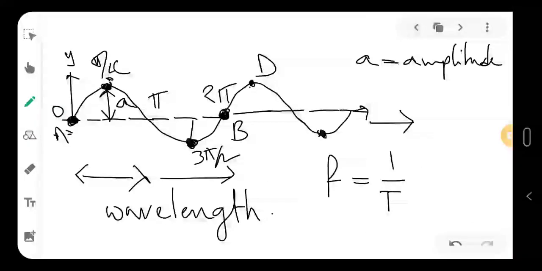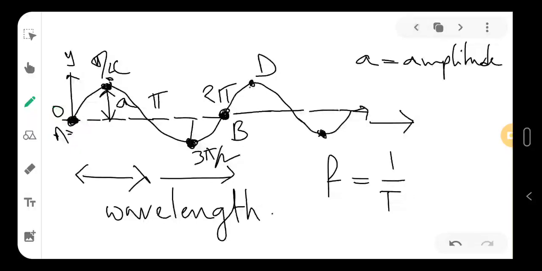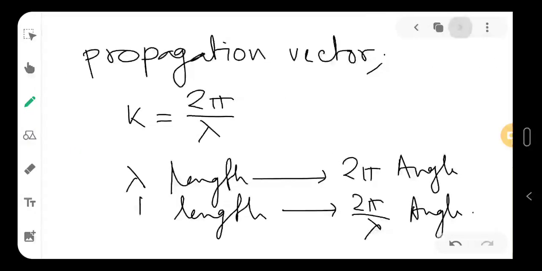Because length you can measure from here, but angle we cannot measure like that. But for the sake of our analysis, we have taken angle to simplify it. So what is this k? k is nothing but the angle covered in unit length. It's a kind of conversion between angle and length. In unit length, how much angle is covered by this wave, that defines the propagation vector of that wave. So k equals 2 pi by lambda.